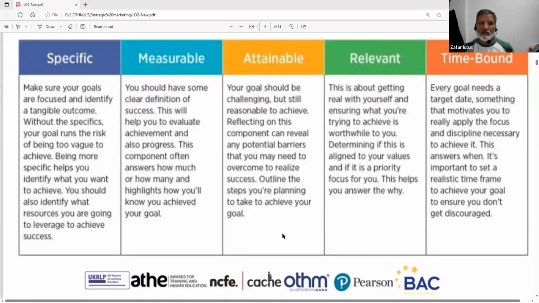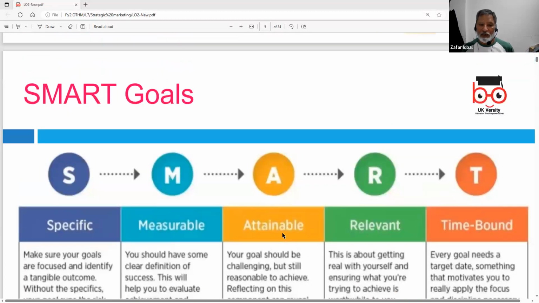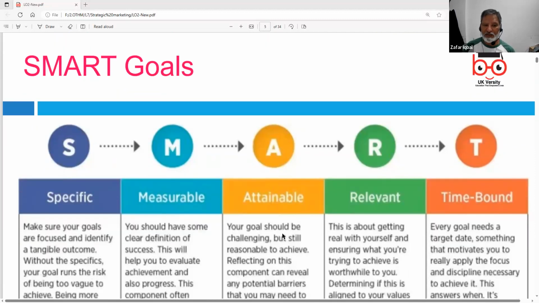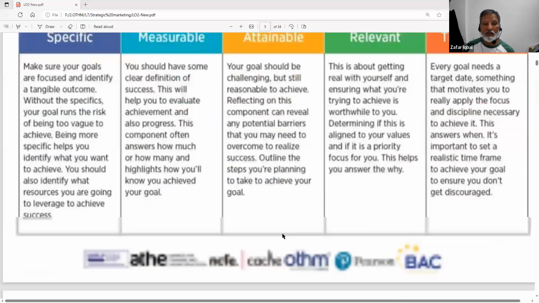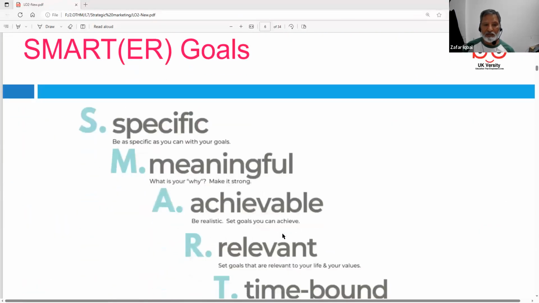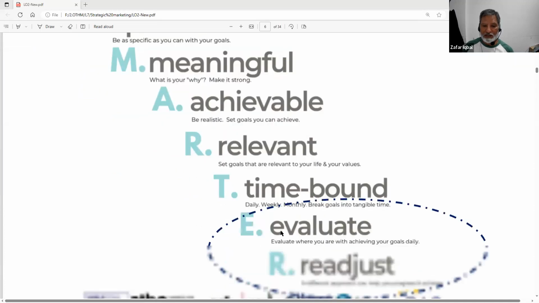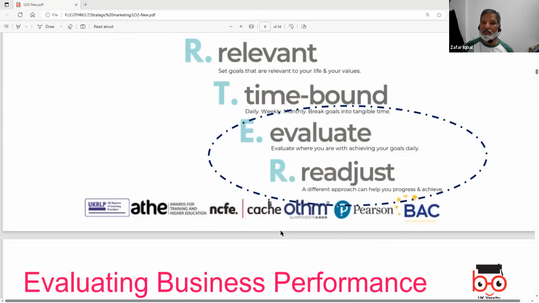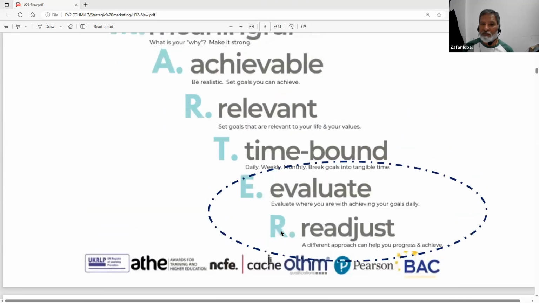Okay, so we can determine our SMART objectives by claiming it to be specific, measurable, attainable, realistic, relevant, time bound, and so on. Okay, make sure that you are following this specific SMART objective, and you've got to re-evaluate them and readjust them afterwards, because if you achieve them, then what do we do?